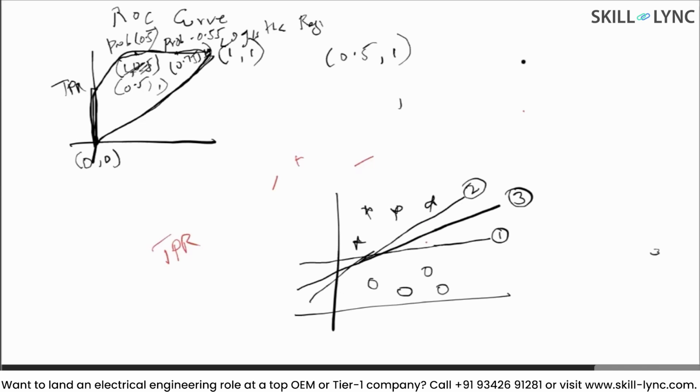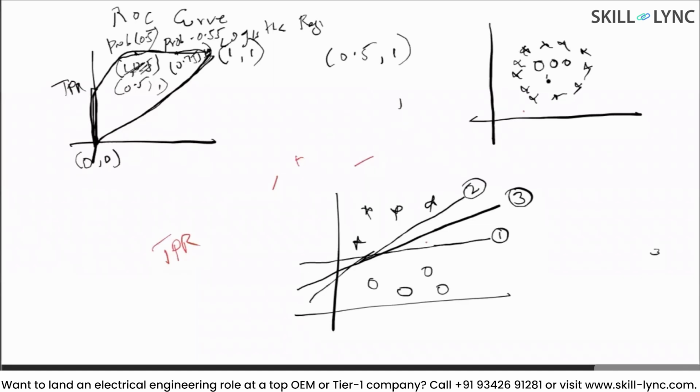But let's say that you have this kind of data. You have 2 different features, x1 and x2, and these are your classes.